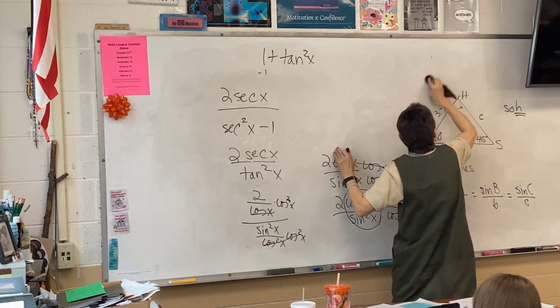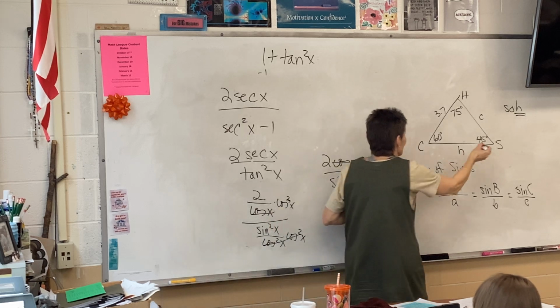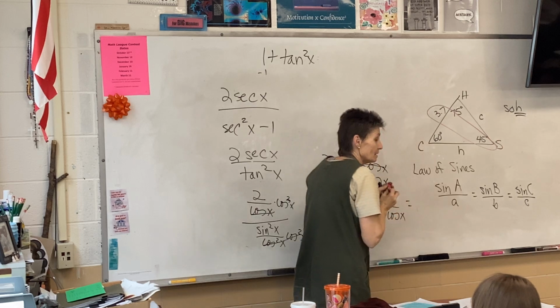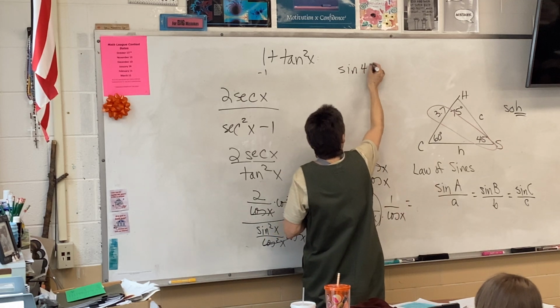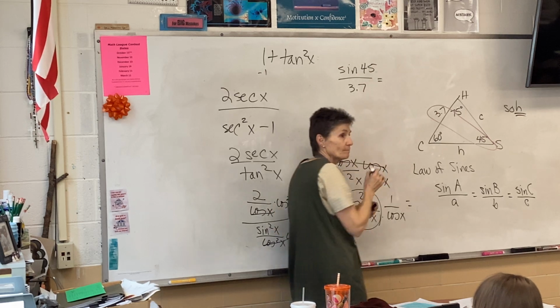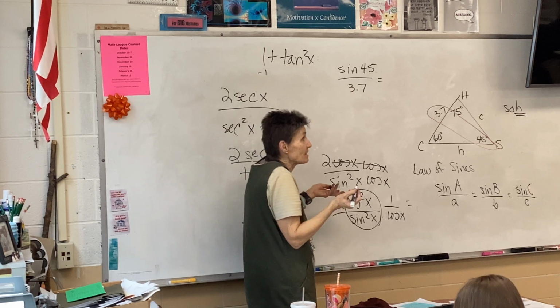So, if you look at what we've been given, we're gonna say sine 45 over 3.7, and we'll set that equal to what?